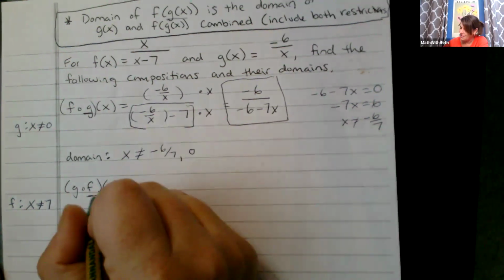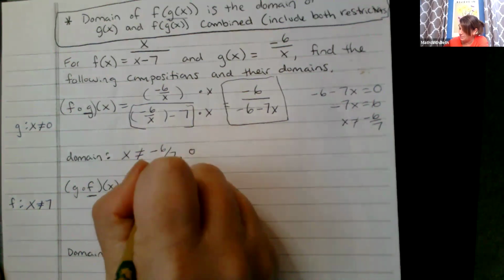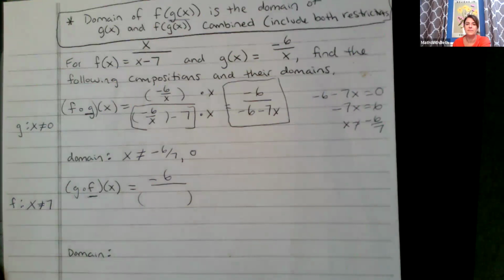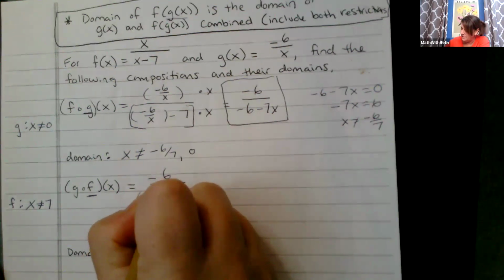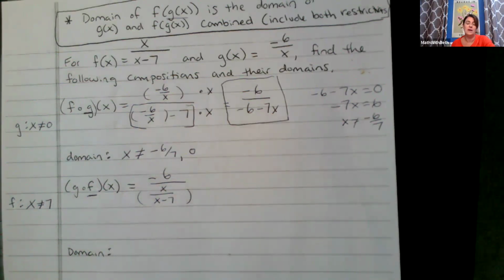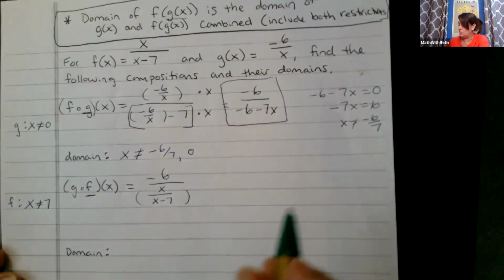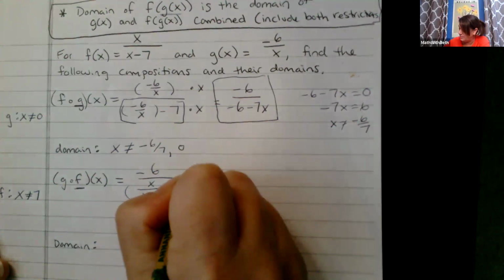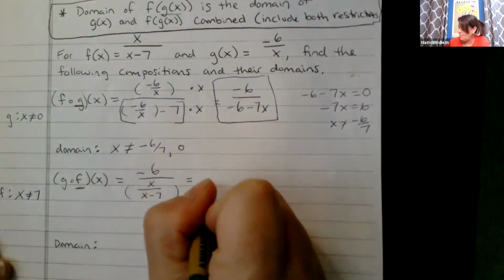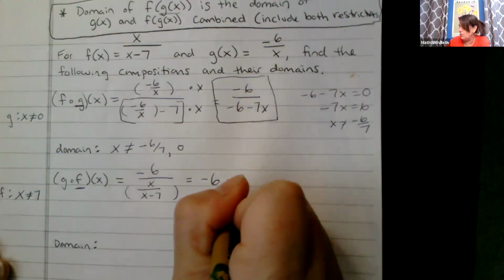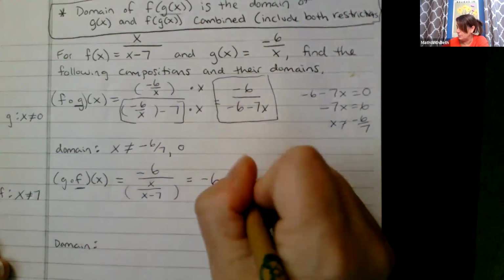So putting f inside g means coming over to the g and leaving my space, and then plugging in the f. Again, this looks like a mess, so don't forget that if you have a fraction over a fraction, you can rewrite it by saying the top, instead of being divided by this, can be multiplied by the reciprocal.